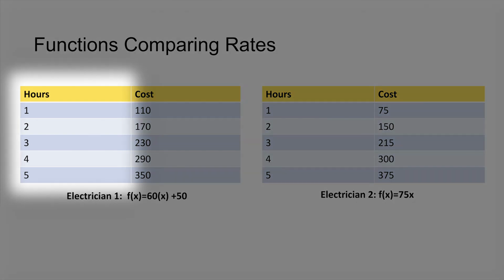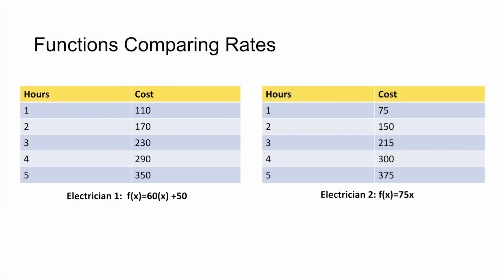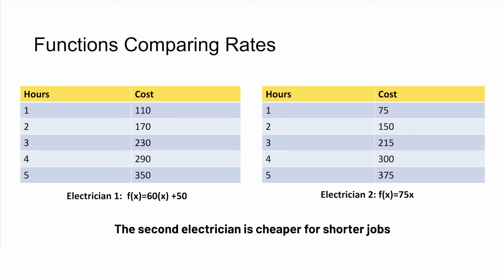The first column is the number of hours, or the variable, and the second column is the value of the function when the hours are put into the function and solved. Looking at the two charts, I can determine that the second electrician is cheaper for shorter jobs. But if I think my job is going to take longer, the first one is the better deal.